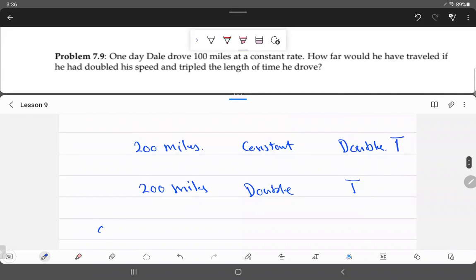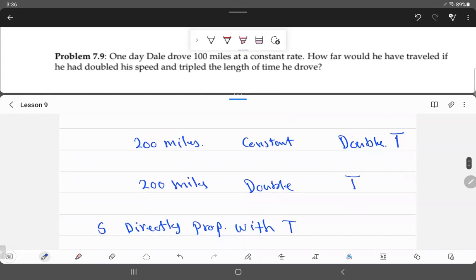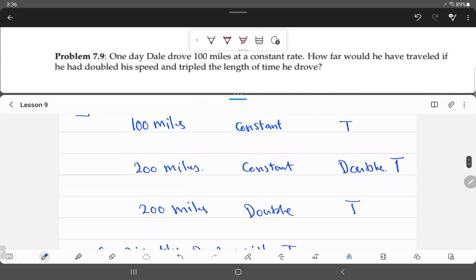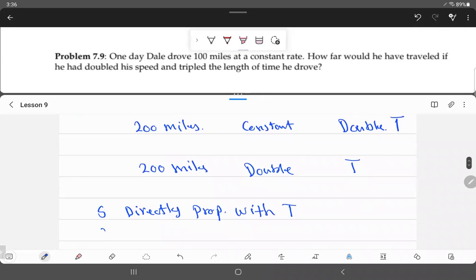The S, the distance, is directly proportional with the time. Do you agree? Yes. Also, the S is directly proportional with r, the rate.